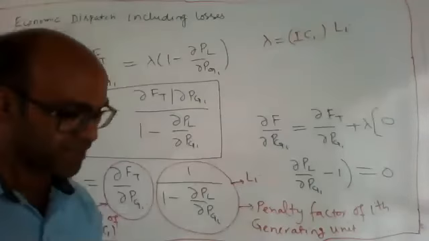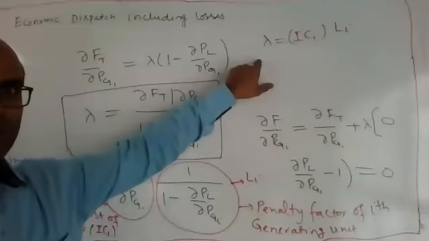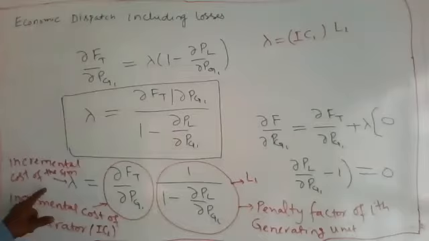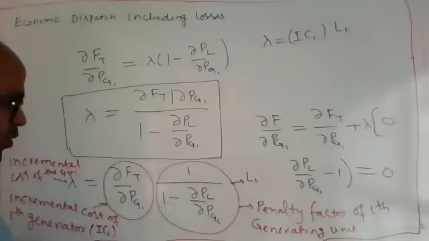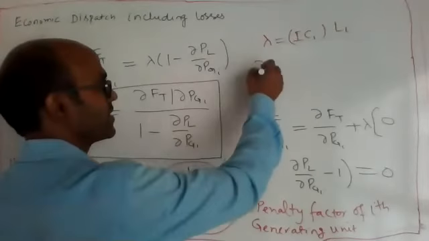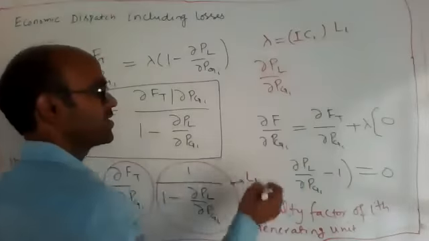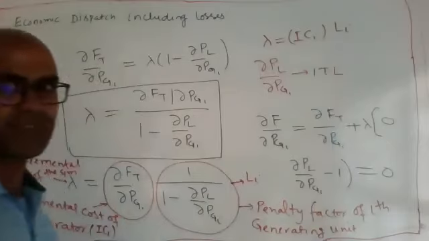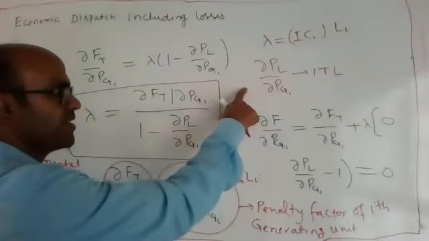Okay. Now the second topic is, this is a condition. This should be satisfied by all the units for the same incremental cost of the system. And sometimes they will ask what is this del PL over del PGi. This is called incremental transmission loss.